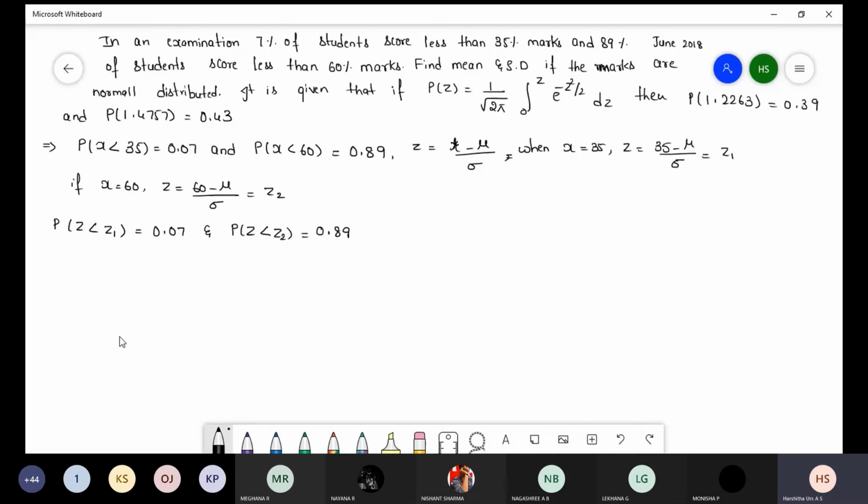So the formula: P of z greater than or equal to 0 plus P of 0 less than or equal to z less than or equal to z1. And again the same formula, instead of z1 we have to write z2.